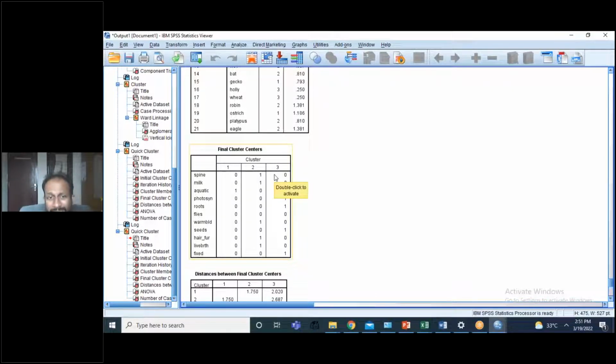So basically, what is the inference that I have got? We have these 21 organisms that can be broadly classified into 3 major categories. Cluster 1 is aquatic organisms like fish. The second cluster is mammals, because they have a spine and can give milk, right?